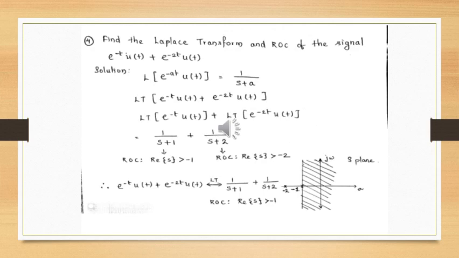So the Laplace transform is 1 divided by s plus 2. Since we have u of t term which is a right-sided signal, we get the ROC for the first term as real of s greater than minus 1. For the second term, we have real of s greater than minus 2.